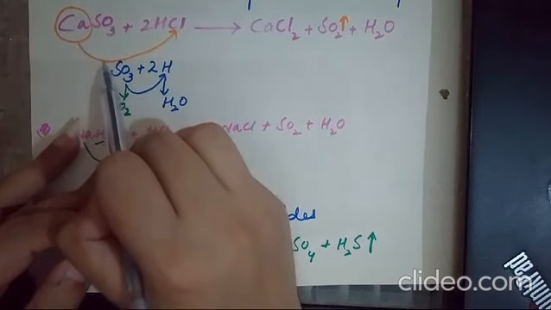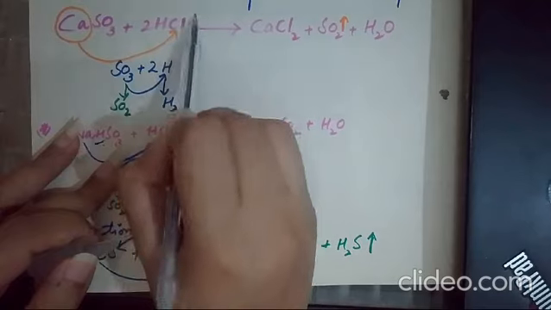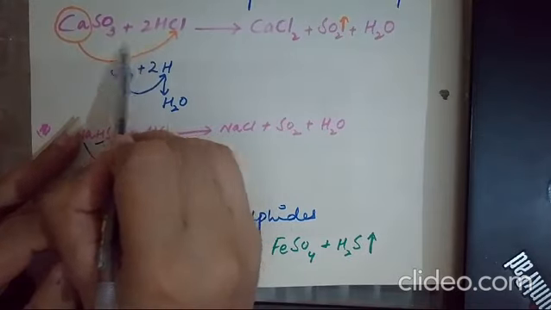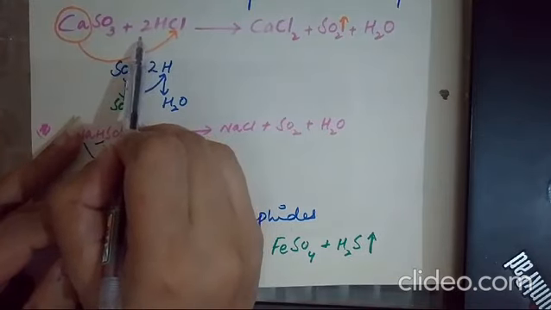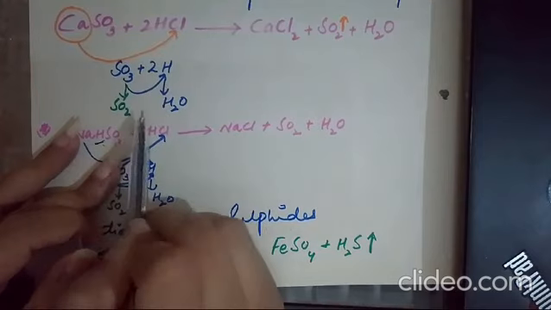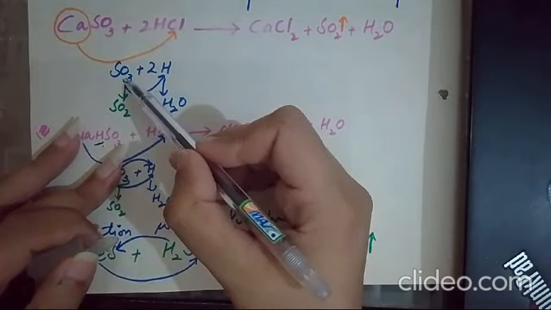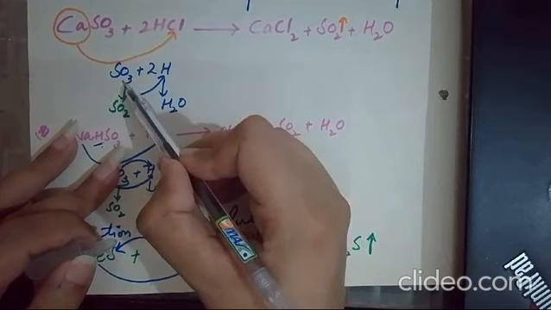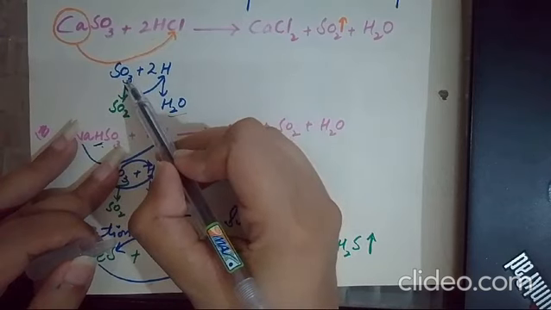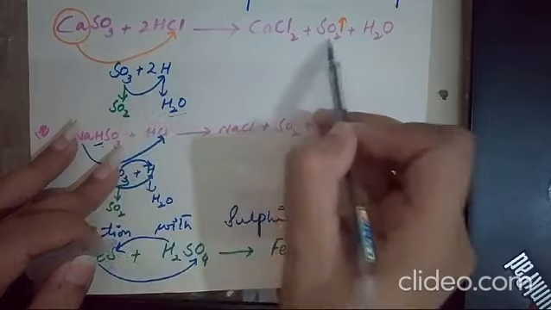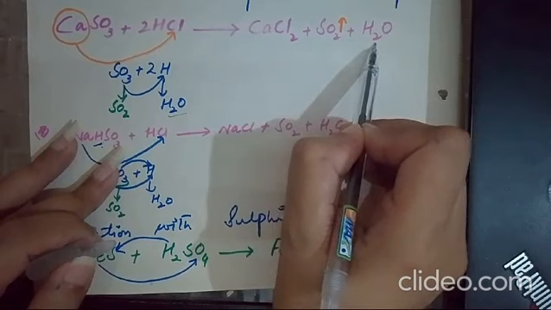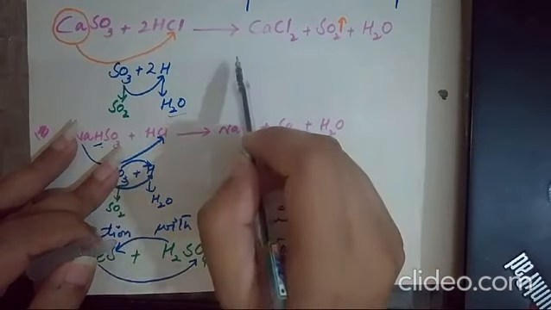Calcium, again same mechanism, combines with the last element Cl, forming CaCl2. What is left behind is SO3 and 2H. 1 O from SO3 moves towards here and forms a water molecule, and 1 O is left behind and it forms sulfur dioxide, which is liberated in the form of gas, and water is formed. In this way the reaction takes place with the acid.